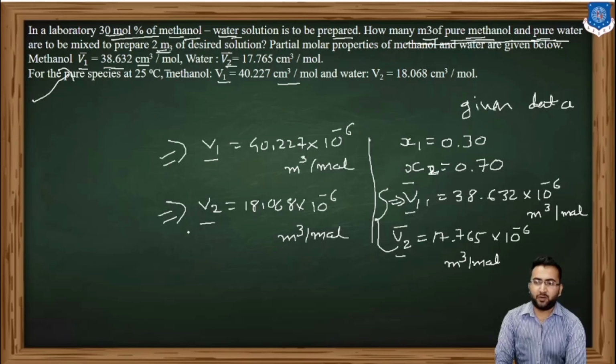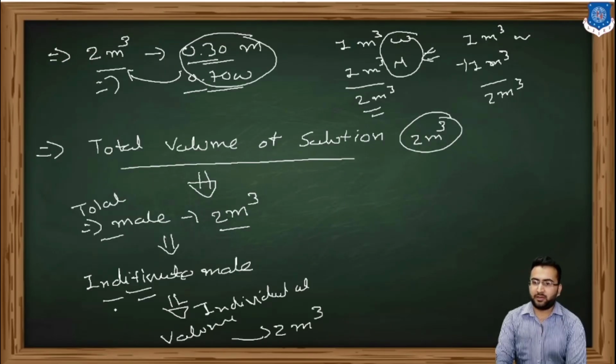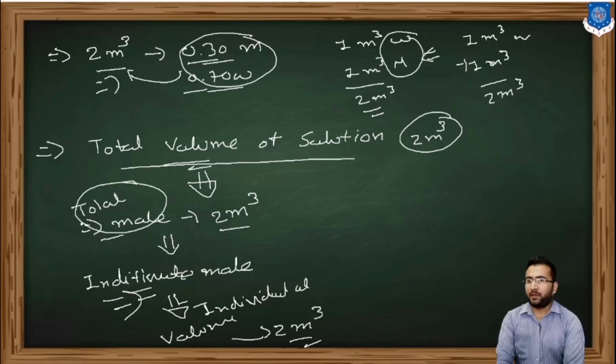So, simply put, first we find the total volume of solution, then the total moles in that solution. After finding total moles, we find the individual moles of each component.